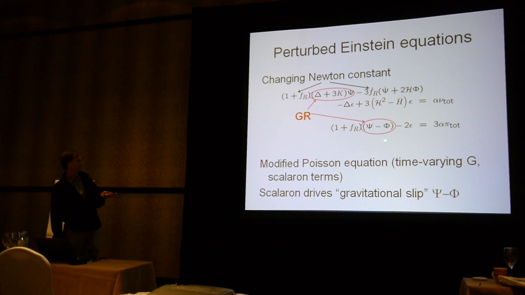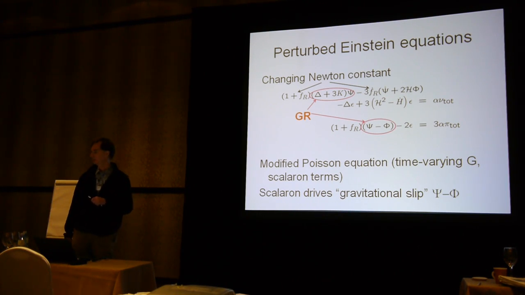So one alternative to stress dark energy is a scalaron. And so to test either stress dark energy or a scalaron, one should try to measure the difference of gravitational potentials here. And in my third lecture, I'll explain how that can be done by combining gravitational lensing with the growth of structure.